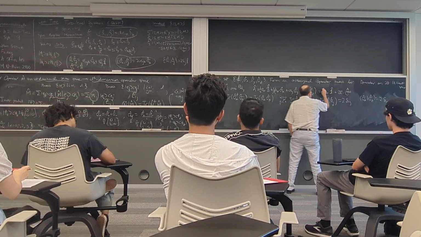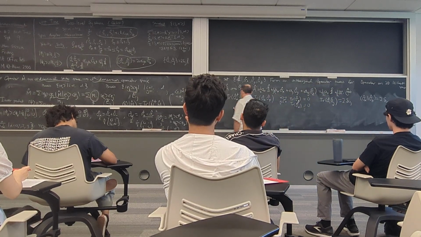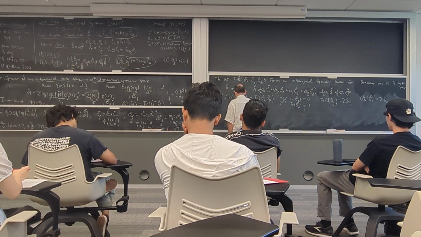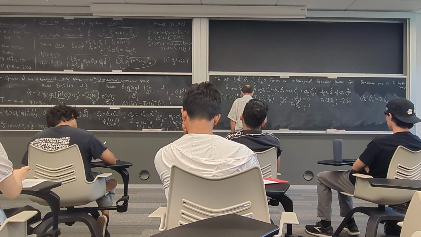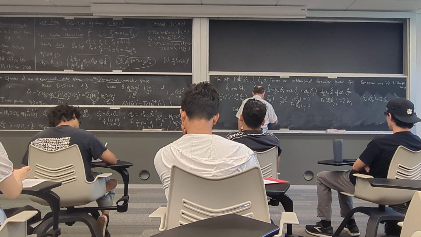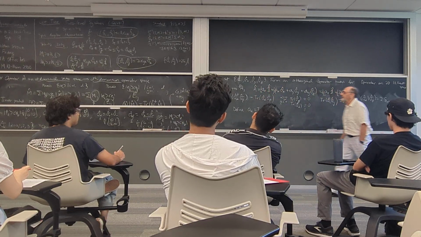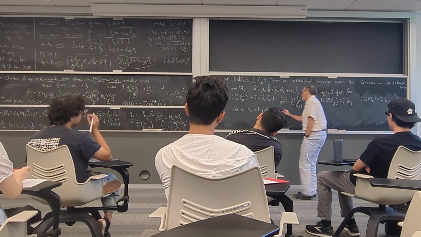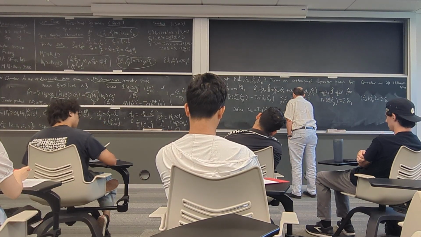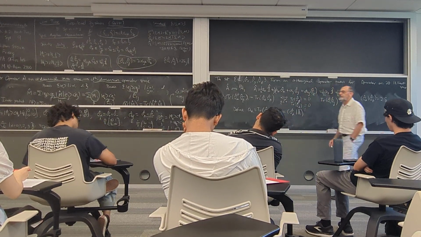Get rid of that factor of 2 and define this as the projection of the operator A onto the Pauli.